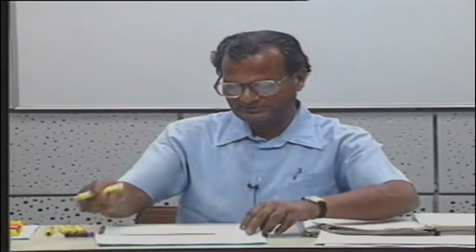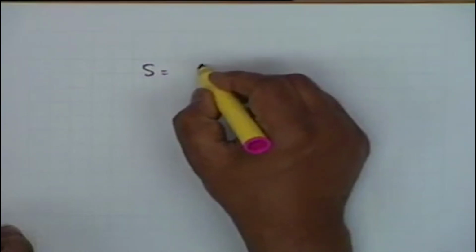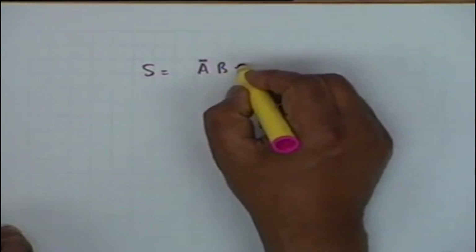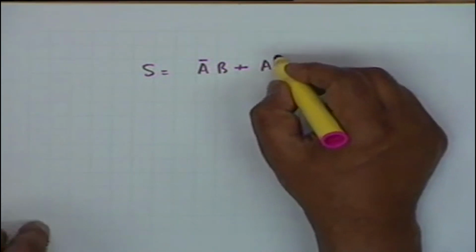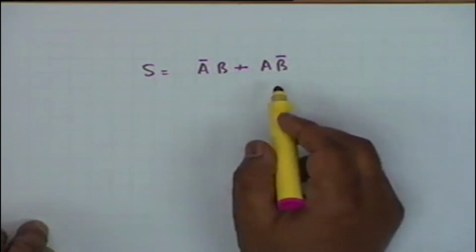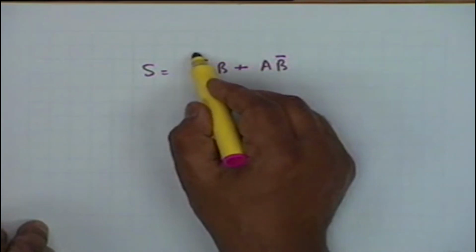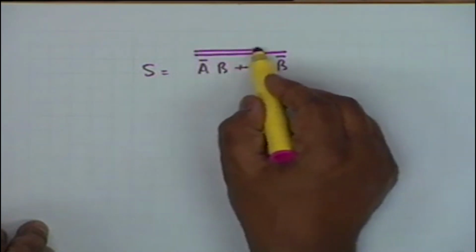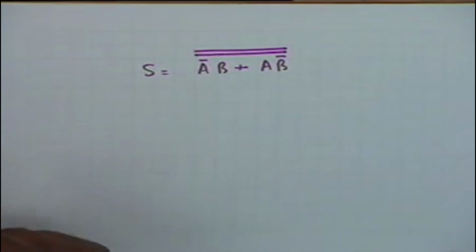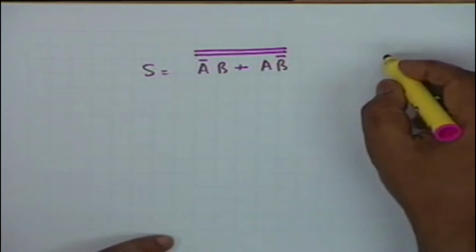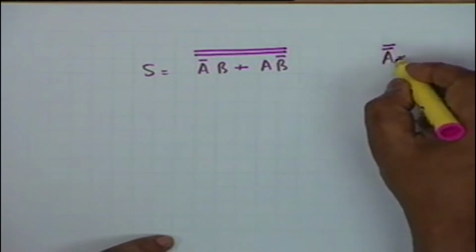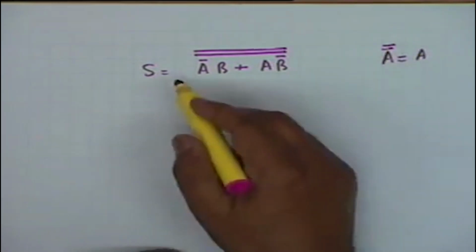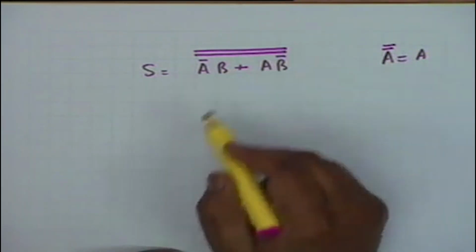A simpler form is possible. Our S is A bar B plus A B bar, and I can write this with two inversions. Any variable with two inversions is the same, and therefore S I have written with two inversions.